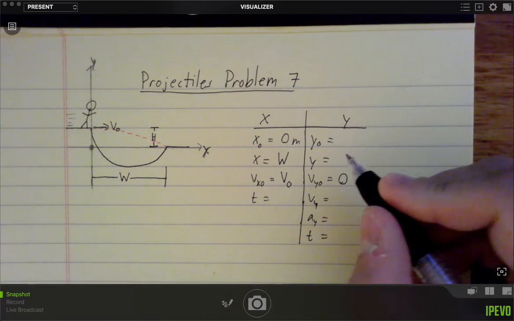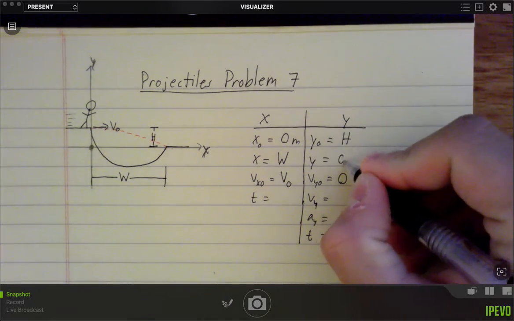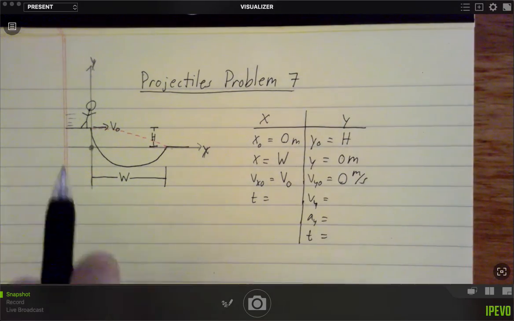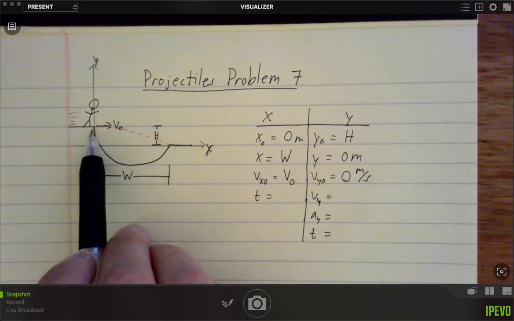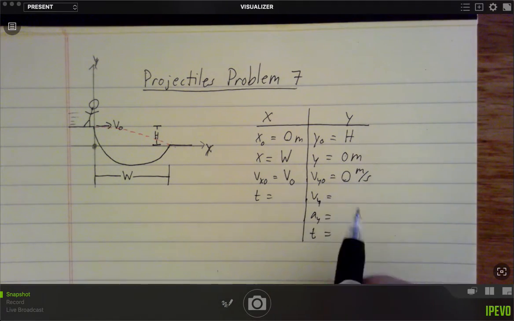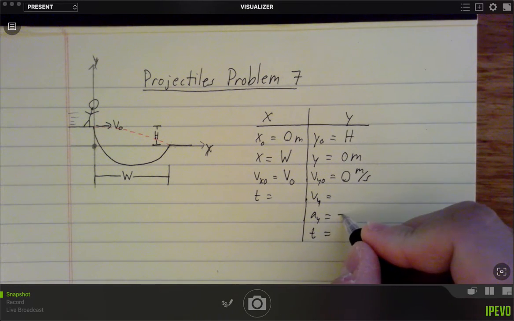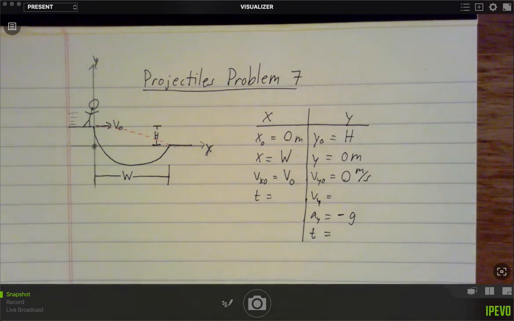The other values that you can put in: y naught is going to be h, and y is going to be 0 meters. So the person is essentially jumping from a height of h to a height of 0, according to my diagram. The only other part of this is acceleration, and you're going to want to put in negative g. The value of g is 9.81 meters per second squared, and when we use it as an acceleration, we use it as negative g.